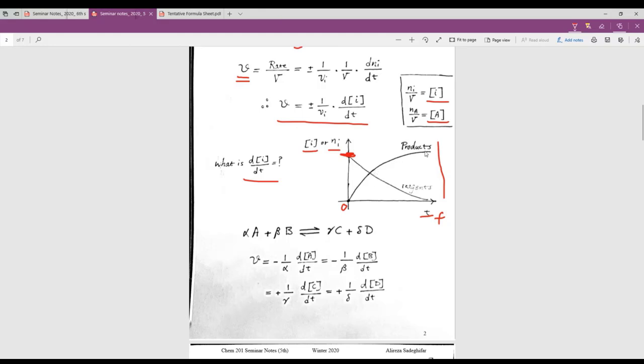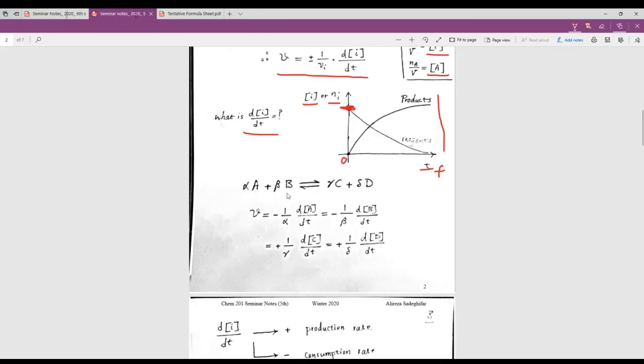For the reactants, it's always negative. So that's d[I] over dt. That's the instantaneous rate of production or consumption of I, depending on if I is a product or a reactant.